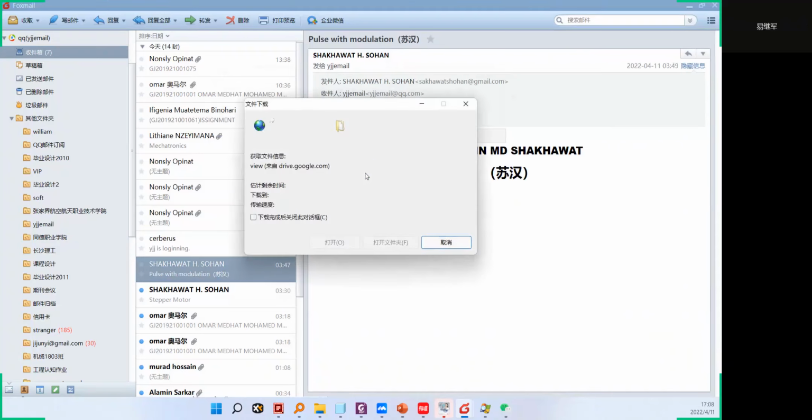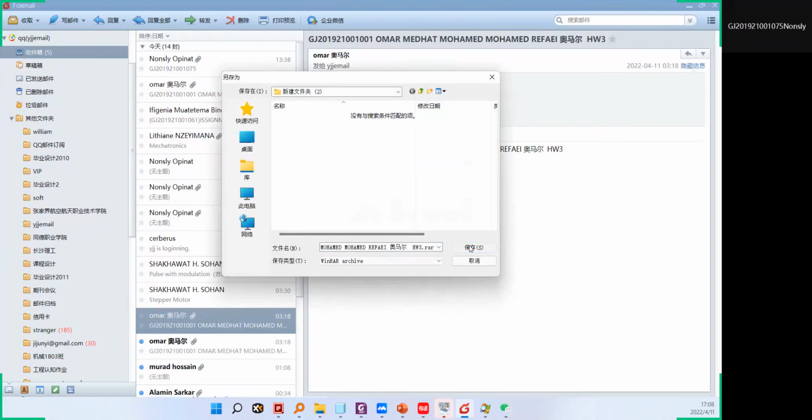I cannot access the Google Drive. Why, Laoshi? What problem? Because I sent last year, it's the same. You need to attach your files in the email, not use the Google Drive. But if the file is more than 25 MB, then you can send it with Google Drive.